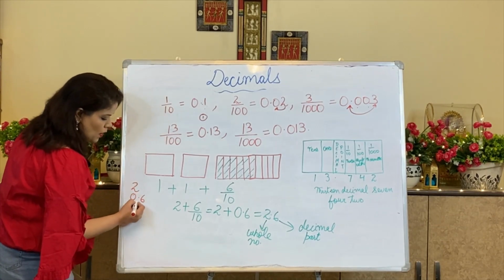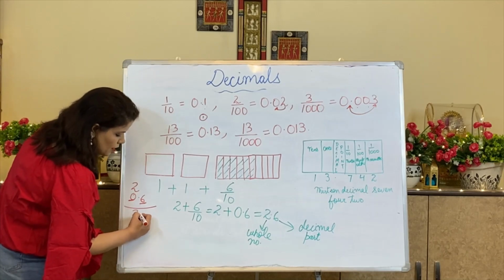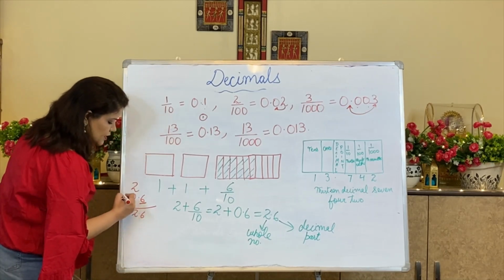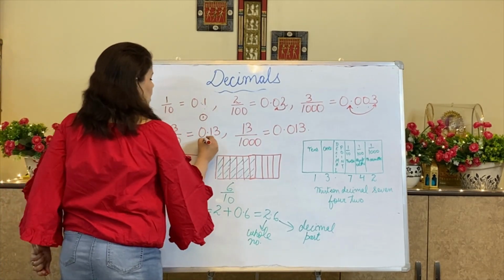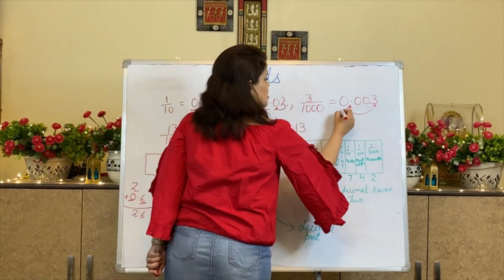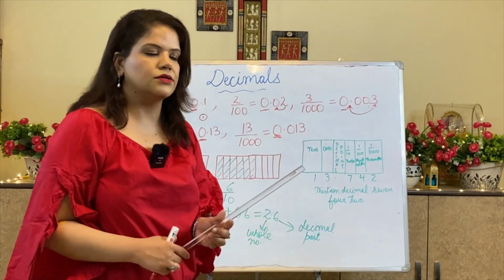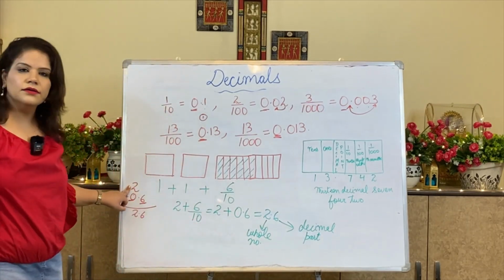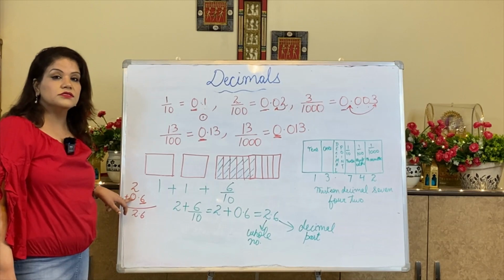This is the whole part, this is the fractional part. What will I be doing? It will become 2.6. In this also, this is the whole part which is not there, so we have used 0. This zero is showing me the whole part. But here it has a number, whole part 2, and this other whole part is 0.